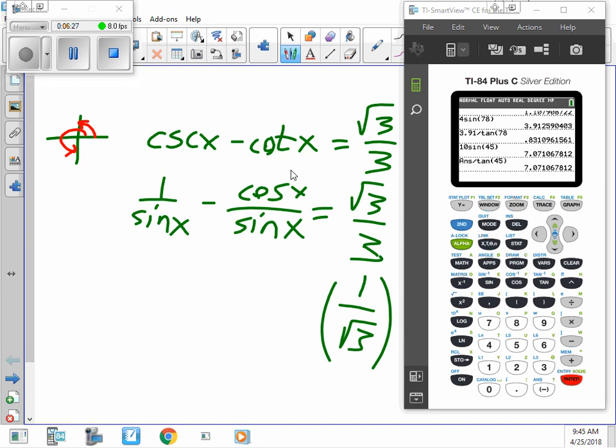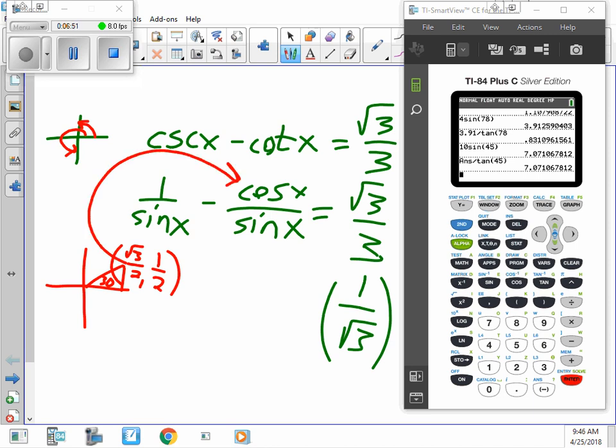So it's going to have to be a 1/2 and a root 3 over 2 angle. Okay, so let's look in quadrant 1 at 30 degrees, which is root 3 over 2 comma 1/2. Let's see if that angle works. So the cosine is root 3 over 2, and the sine is 1/2.